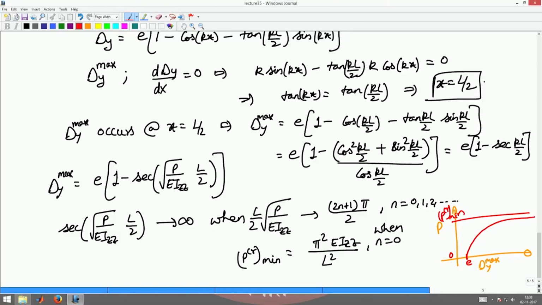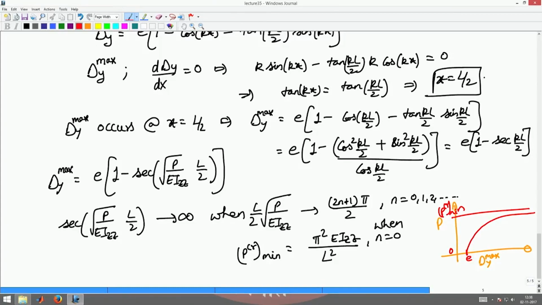So this is like what the scale did. When I applied a load, for small load there was some eccentricity, and the eccentricity grew, or the lateral deflection grew, as the load was applied more and more. So this is how delta y max behaves as P approaches P critical.